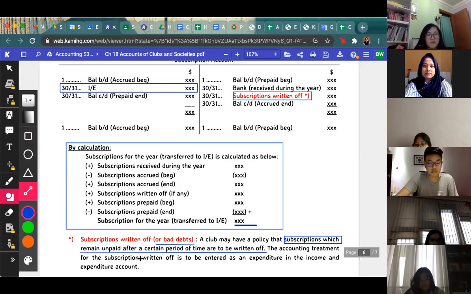The accounting treatment for subscription written off is to be entered as expenditure. It will be treated as expenditure in the income and expenditure account, because bad debts is a loss for the business. So that is why when you have subscriptions that are written off or bad debts, you will treat that as an expense in the income and expenditure account.